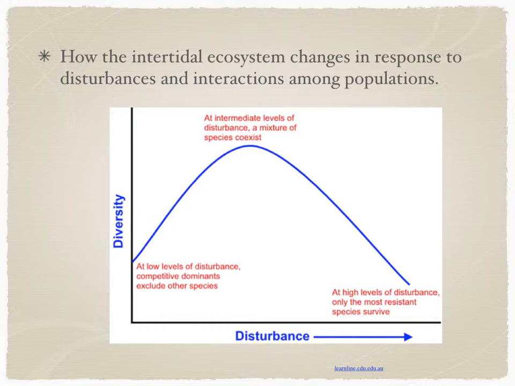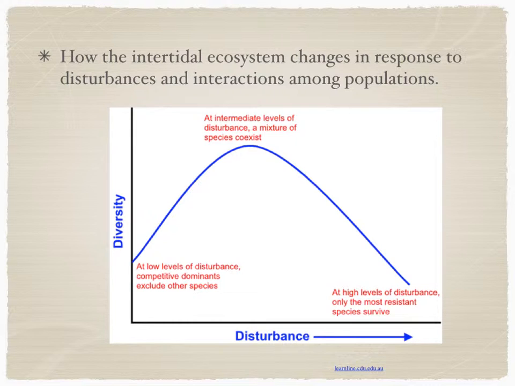The x-axis illustrates increasing disturbances such as wave shock, sand inundation, or even trampling by humans. As these disturbances increase, it is more and more difficult to survive in the intertidal. Therefore, there are fewer species that exist, and the individuals in the populations of those species are lower, meaning there's less biodiversity.